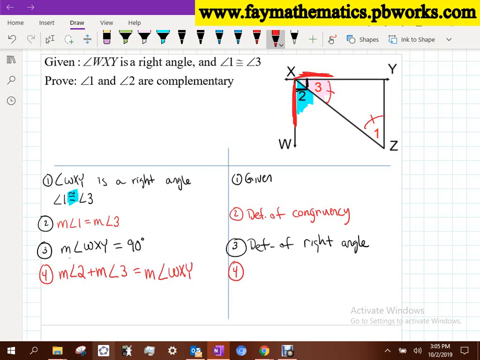And think about what we just did. We are adding two angles to get a third angle, right? Whenever you're adding angles to get a third angle, you're doing angle addition. So, angle addition postulate.